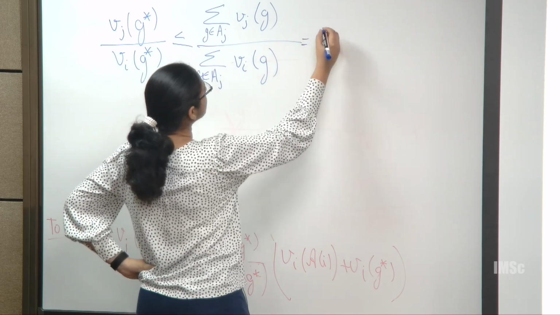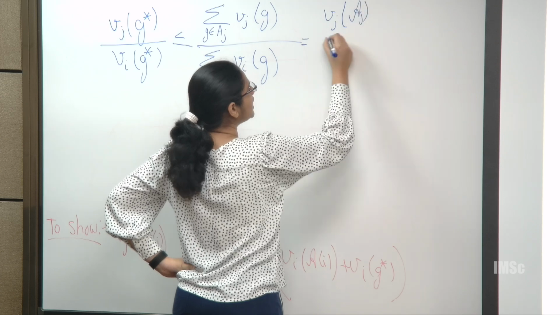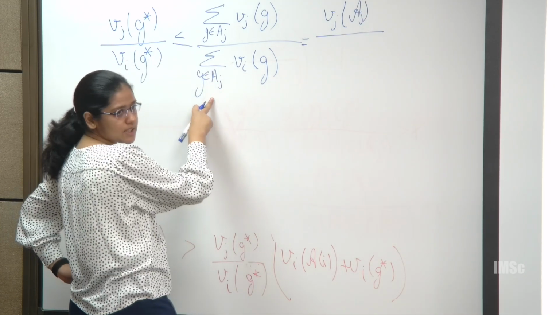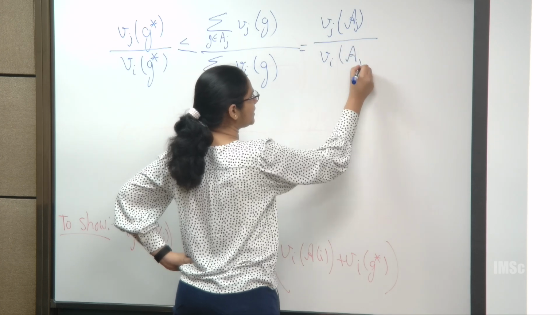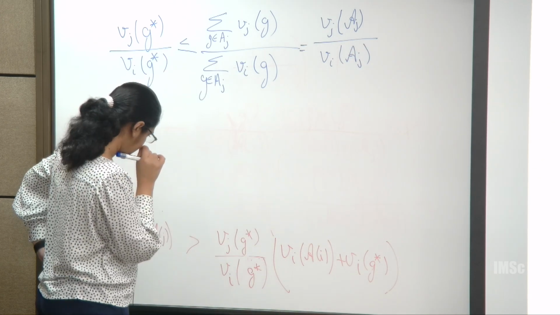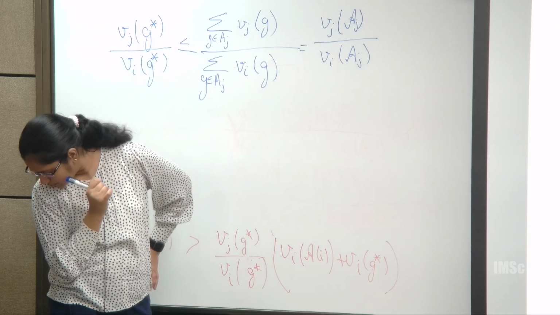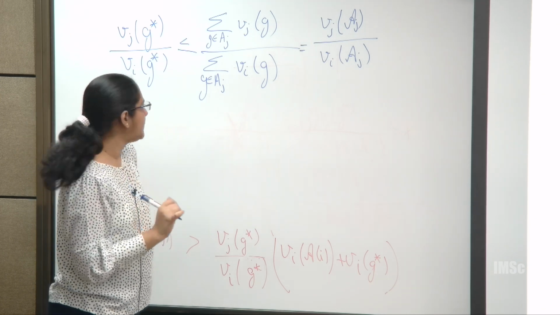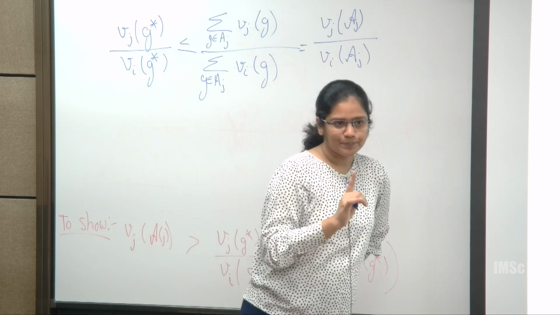Okay. So what is this? This is the valuation of J for the bundle A_j, and this is the valuation of I for the bundle A_j. Okay. I envies J, right.